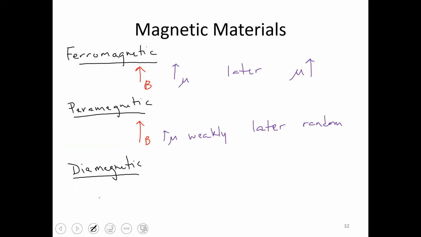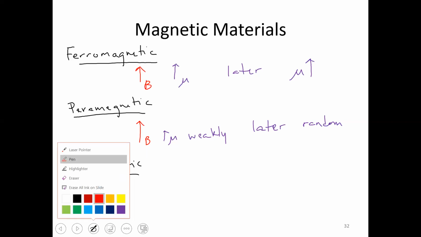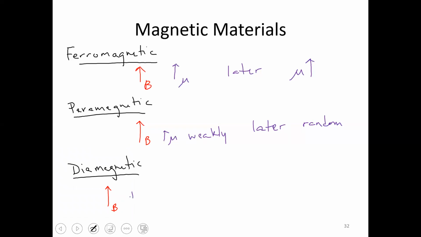This is definitely observed in materials whose atoms have no permanent magnetic moments, and it can happen in all materials. So you apply an external magnetic field, and if you have a diamagnetic thing, it is going to be weakly aligned in the opposite direction. And again, if you take away that external field, you're going to have a random alignment later.